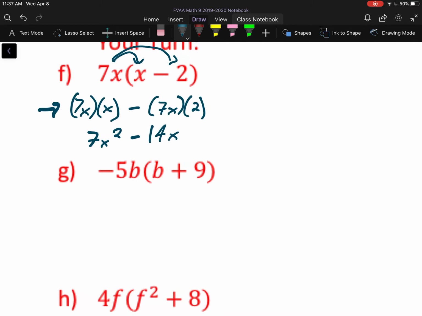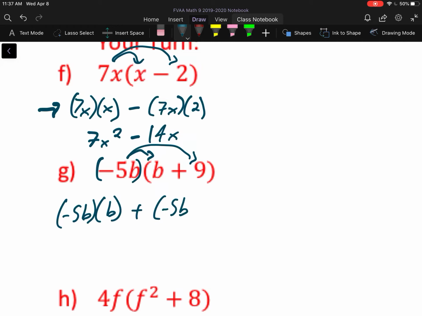All right, same thing here. My monomial is the negative 5b, and it's going to be distributed to the first term, which is negative 5b times b, and then distribute it to the second term. So plus negative 5b times 9, okay?